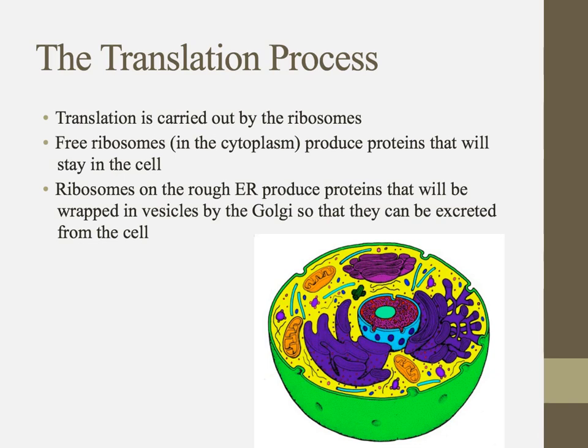The rough ER ribosomes are going to be making proteins that are then going to be shipped out and packaged into vesicles and secreted from the cell by the Golgi. So where we synthesize a polypeptide or a protein tells us a lot about the function, and where it's going.